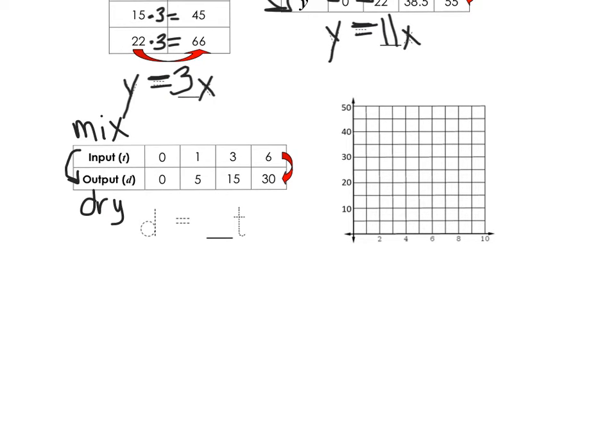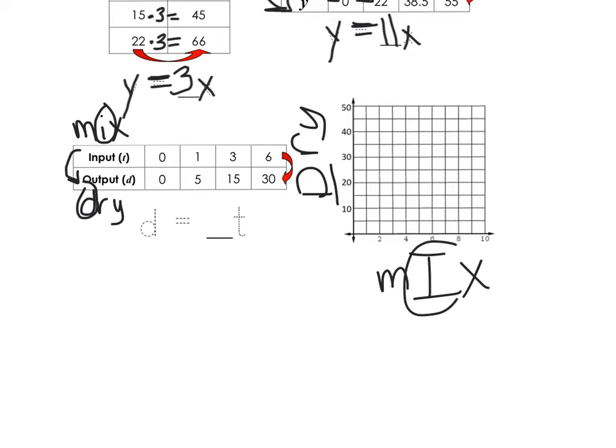So remember, what normally would be my input, my x, is my independent. The y is my dependent, right? So same thing when we graph. Our y will be dry, so our dependent, and then we have mix. So our x is our independent, okay?